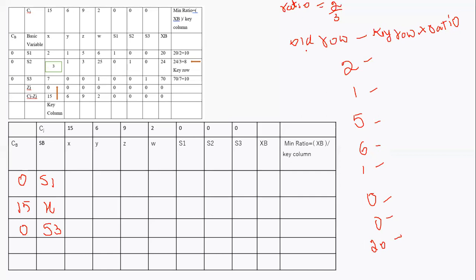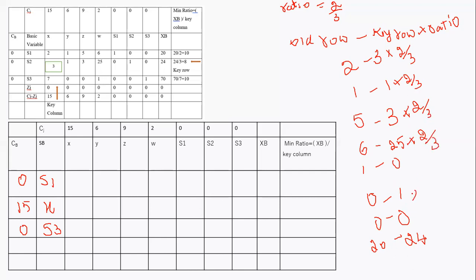Key row corresponding numbers, I have got 3 and then 1 and then 3, then 25, then 0, then 1 and then 0, and then 24. This should be multiplied with the ratio. Ratio is 2/3.